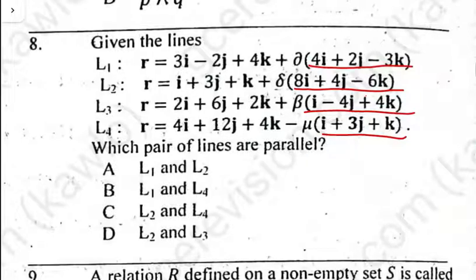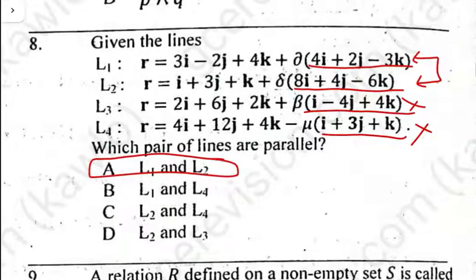Comparing the first one and the second one, you see that these two have a relationship. The second one is 2 times the first one. This one has no relationship with any of them. So the lines that are parallel here are just L1 and L2, because the direction vector of L2 is 2 times that of L1. So that's the reason.